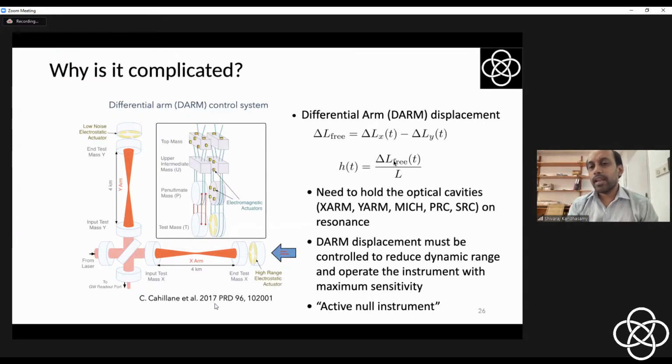So the length fluctuation and the strain can be used interchangeably, because they are connected by a constant factor. For example, when a gravitational wave goes through, it changes the length difference between the two arms, and because of the length difference, you see some light fluctuation at the output port, and it produces some voltage fluctuations.